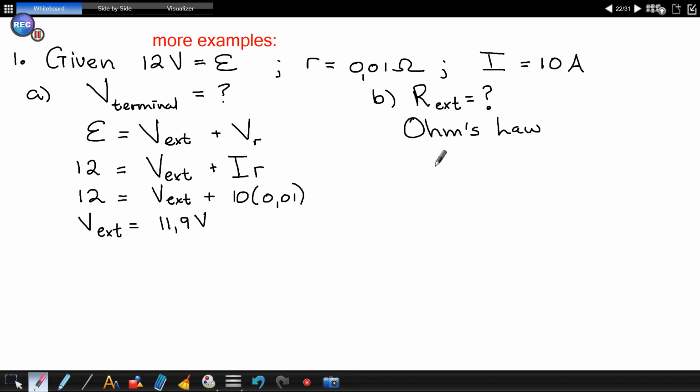I can use Ohm's law. What will R external be? It will be V external divided by I. Will it be the total current? Yes, it's the total current that will flow through the circuit. So our V external is 11.9, and the total current we were given is 10, and that will give us 1.19 ohms.